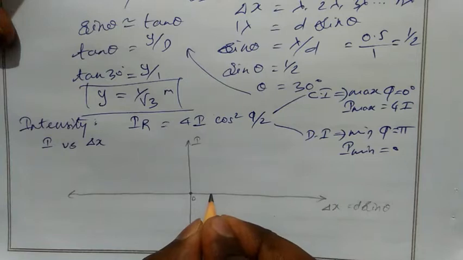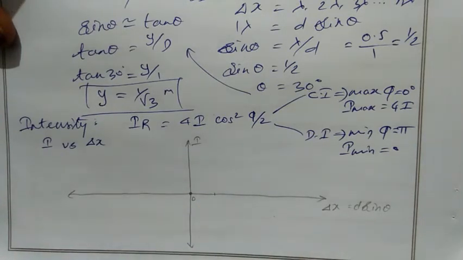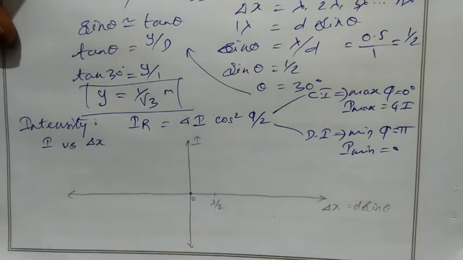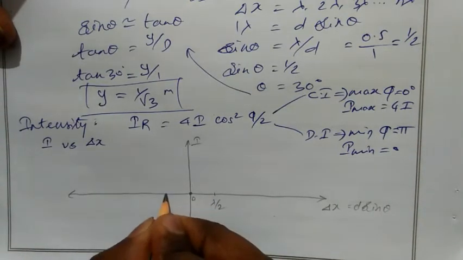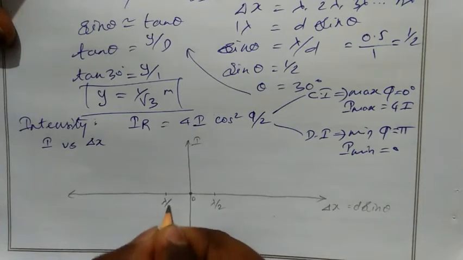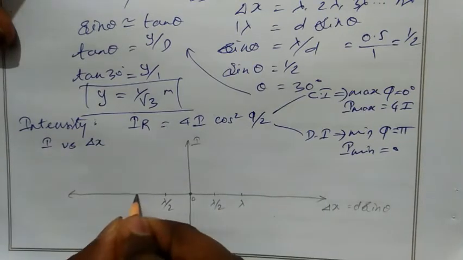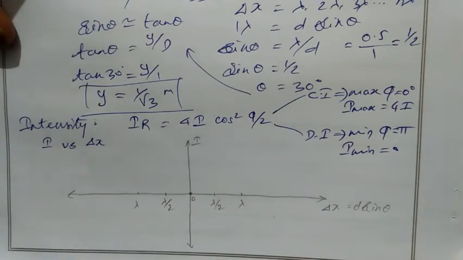Then after central we have first dark fringe. First dark fringe we have lambda by 2, correct, the path difference. Then here also the first dark fringe lambda by 2. Then here we have first bright is lambda, here also lambda.